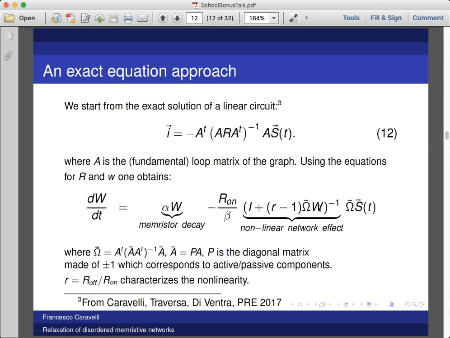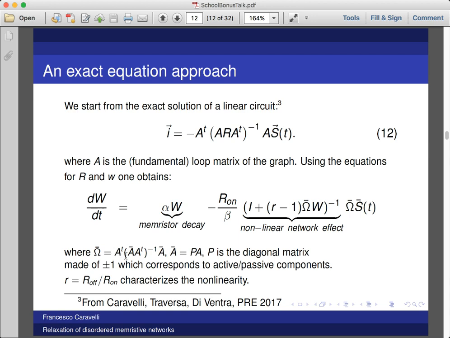The W in there is a diagonal matrix, a bit of abusive notation. W is basically the diagonal matrix where the component memories are, and omega is where the network is contained, which is a projector operator on the cycle space of the graph.